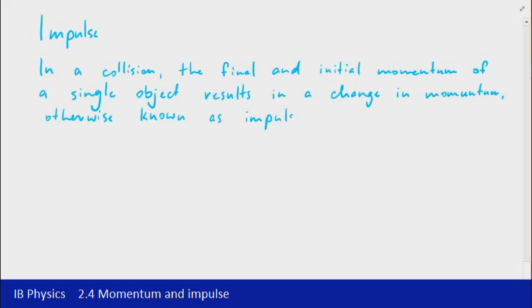If we look at change in momentum, we'd represent that as delta P, and that would be equal to the final momentum minus the initial momentum, as is the case with any change.